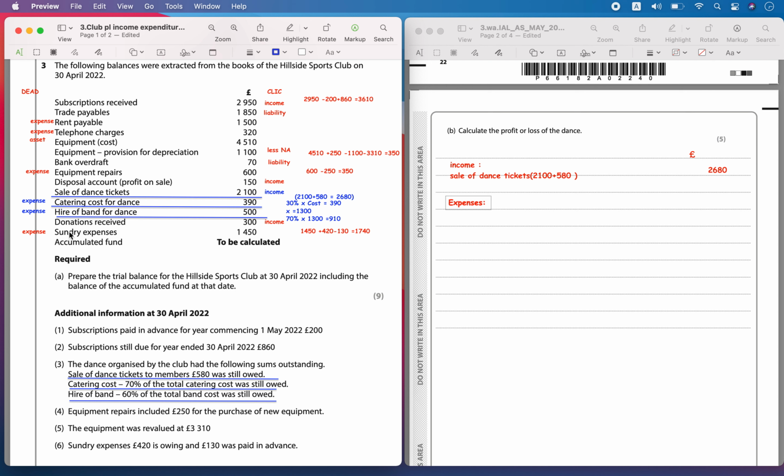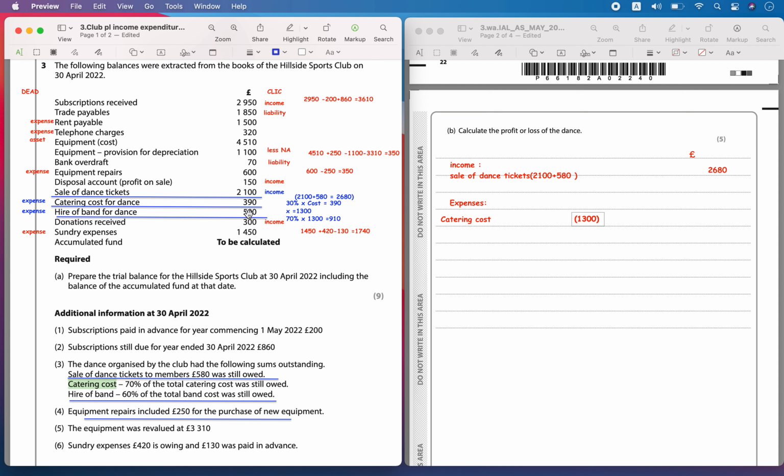So that is the catering cost. The catering cost is 1300. Then we have hire of band. 60% of the total band cost was still owed.